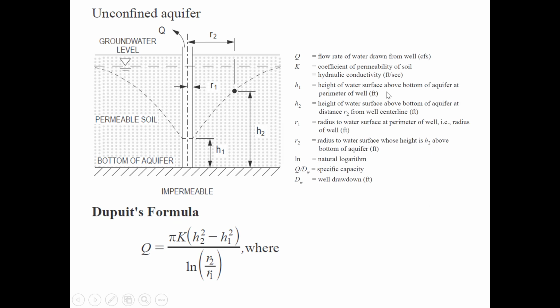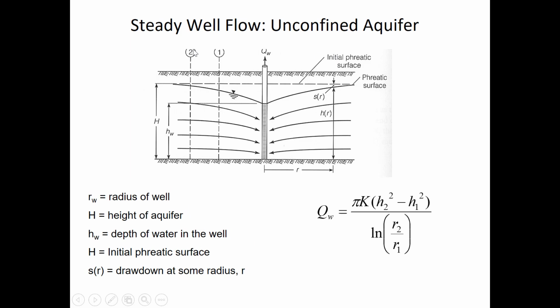Here's what the equation looks like in the FE reference manual. They give you the variable definitions. And here, they're making the point that your location 1 could be at the outside surface of the well itself. So here, this is just saying 2 is further away and 1 is closer.